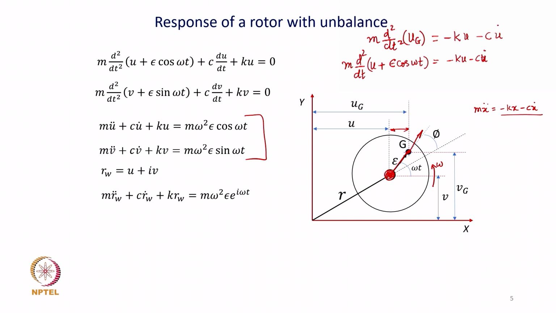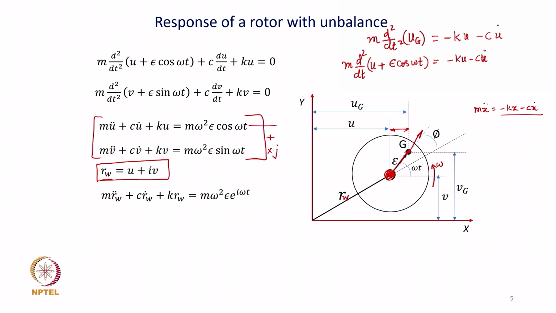So, then you have two governing equations of motion. I will combine them by using a complex variable R w, which is u plus j v. When you substitute this complex response variable, I multiply the second equation by j and add it to the first equation.